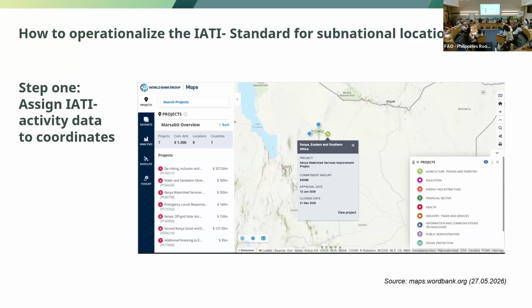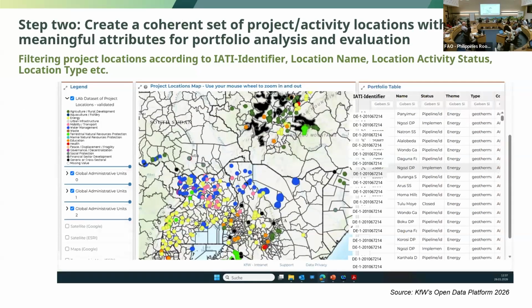Here in this World Bank example there is a point coordinate, and then you can see to which project this is contributing. But then all the location-specific data obviously is missing. And this is what our main focus was.